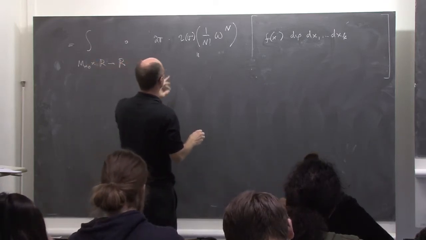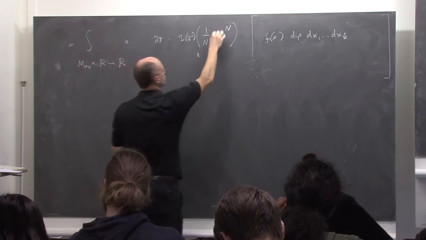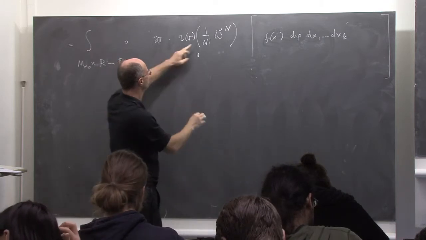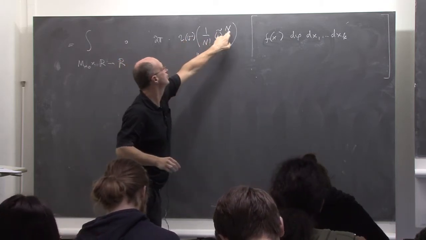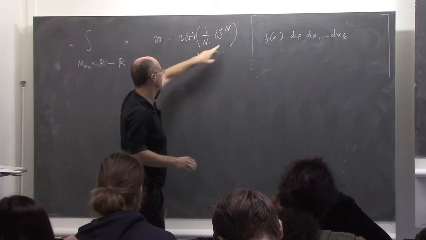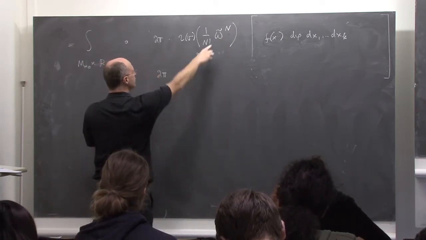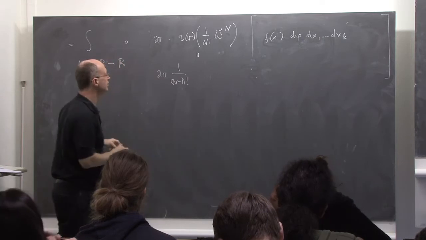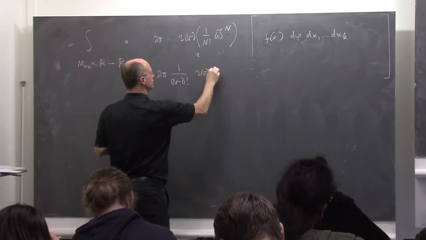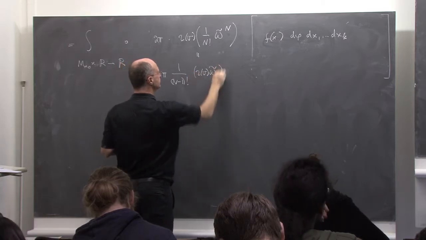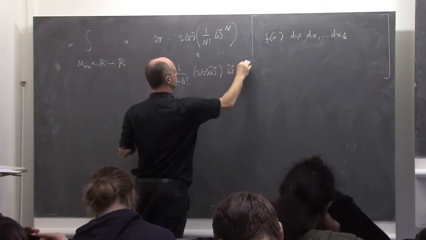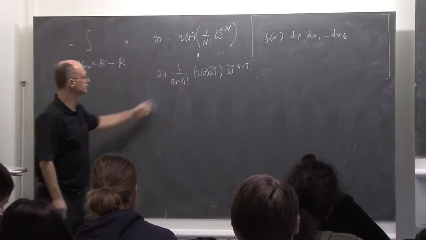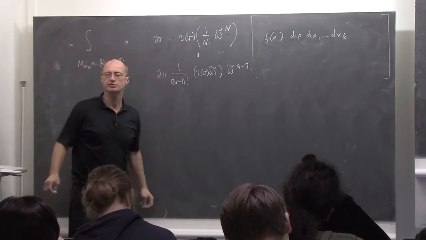Here we are using our local model again. I would prefer to work with omega tilde. When you apply iota of v to omega tilde to the power n, this is a derivation, so we'll get 2 pi times n, which would cancel one of the factors in the factorial, so iota v omega tilde, and here omega tilde to the power n minus 1. That's what it's going to give, like taking a derivative.